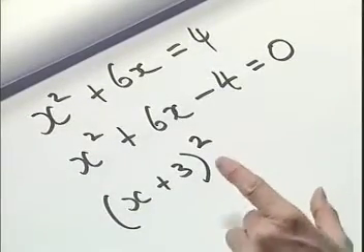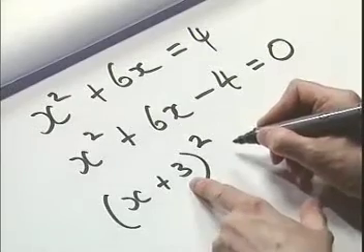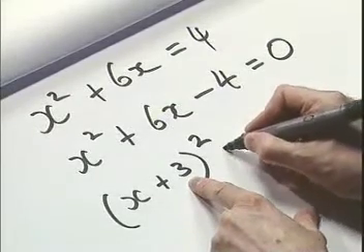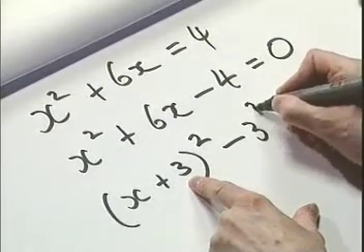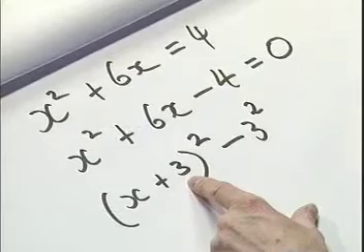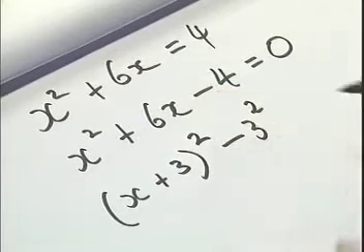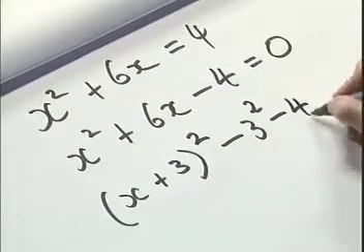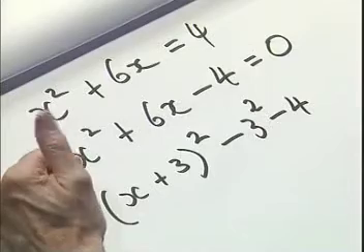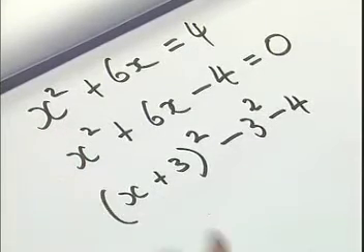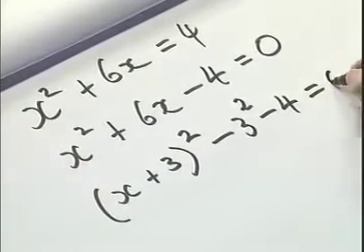In doing that, we have added on 3 squared. So we need to take off that 3 squared. And now we need to include the minus 4 so that we can maintain the equality of this expression with this one. And it's equal to 0.